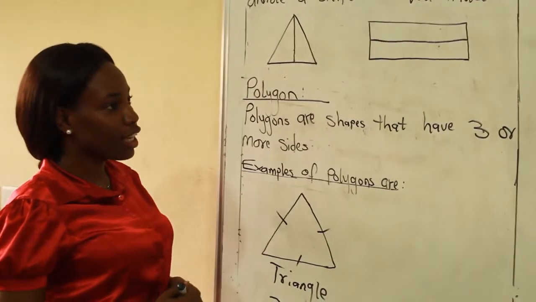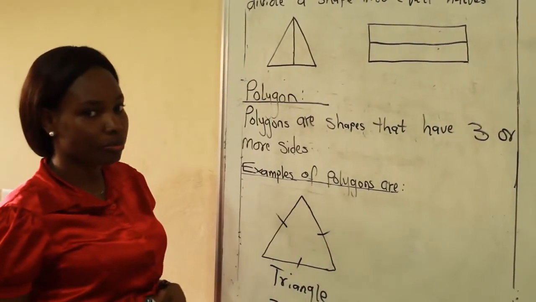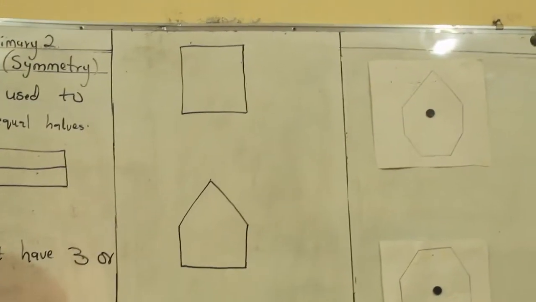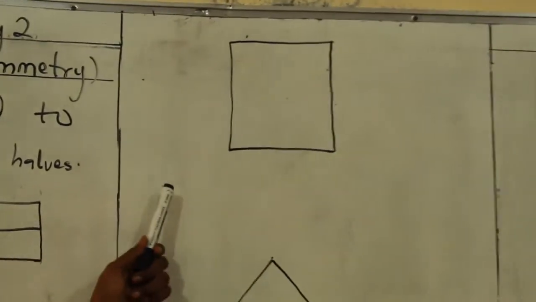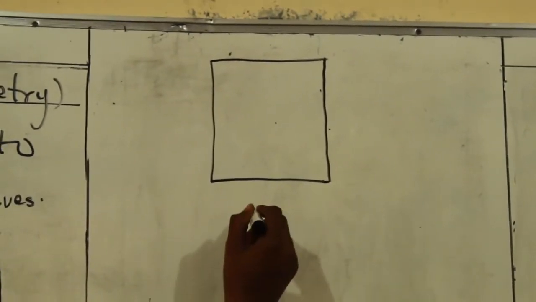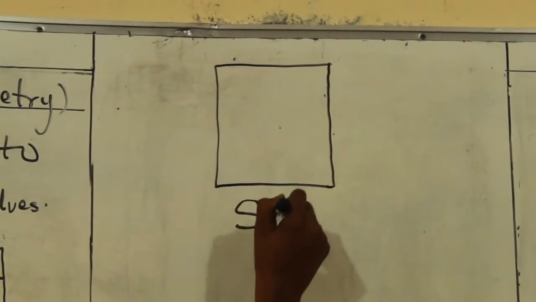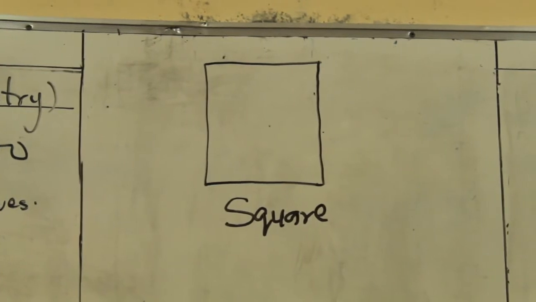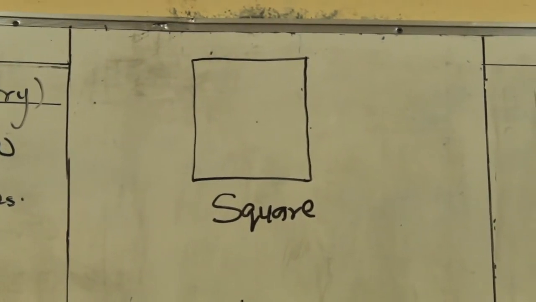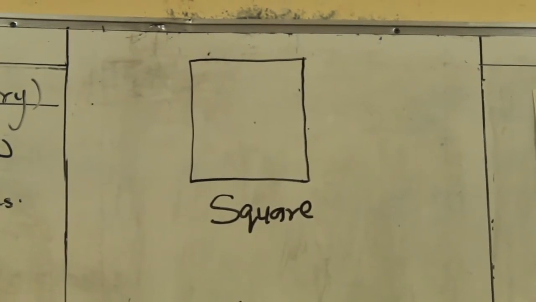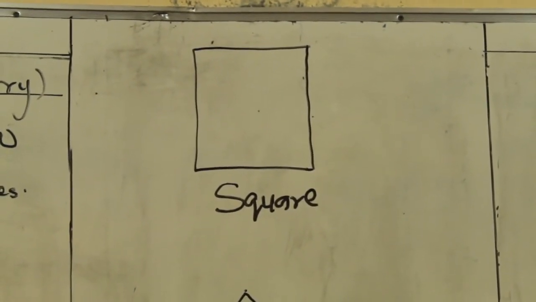Now let's look at the next shape. I have here a shape. Can you name this shape? This is a square. And this square can actually be divided into 2 equal halves using a symmetric line.